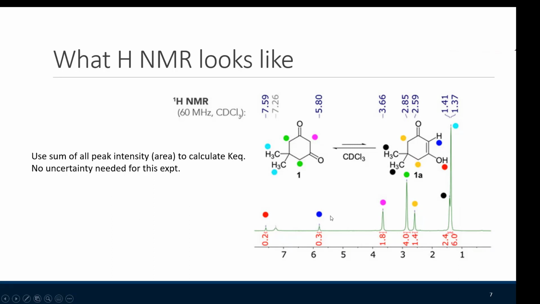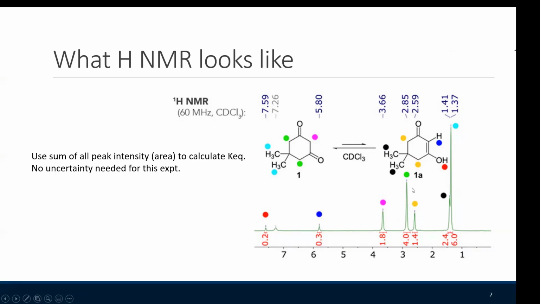The other way would be to use other hydrogens. The problem with using a smaller number of hydrogens is that it usually comes with larger errors because you only rely on a small fraction of the hydrogens. So what I would recommend in this case, if you look at the light blue and the black hydrogens, the number of hydrogens is the same, right? 3 plus 3, that's 6. 3 plus 3, that's 6.